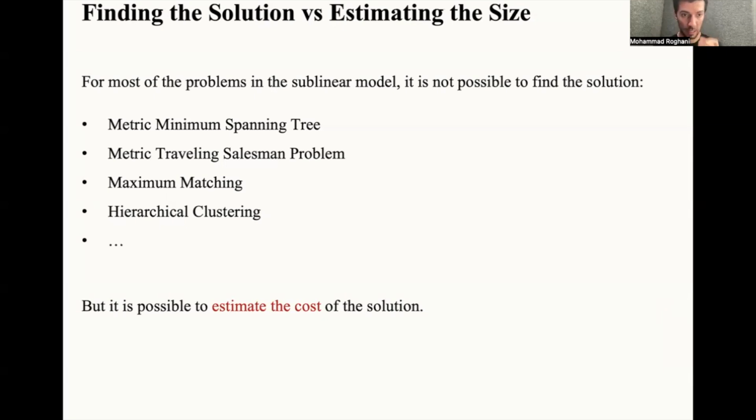For example, you can estimate the size of the maximum matching with some constant approximation factor, but you cannot output the edges of the maximum matching. This is also the case for the metric Steiner tree problem. So we look for a more relaxed question: what is the cost of the Steiner tree, and not what are the edges of the Steiner tree.